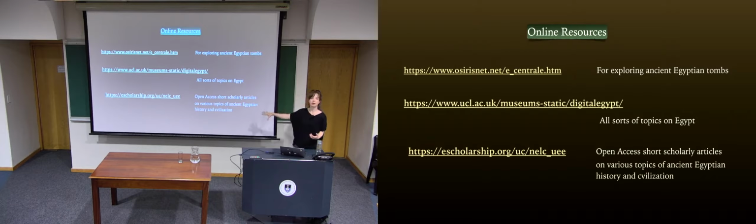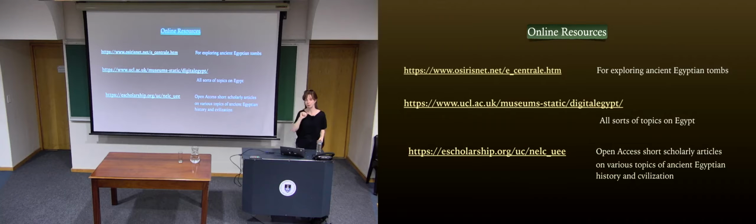It's open access scholarly articles that are fairly short, although they sometimes get technical, on all kinds of different topics of ancient Egyptian history and civilization. So if you have done a lot of introductory reading and you really want to get into more, but you don't know what to do, and you don't want to buy books, that might be a good place to go. Again, it's the UCLA Encyclopedia of Egyptology.